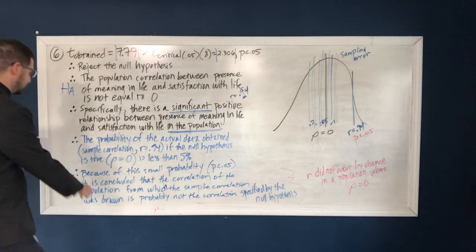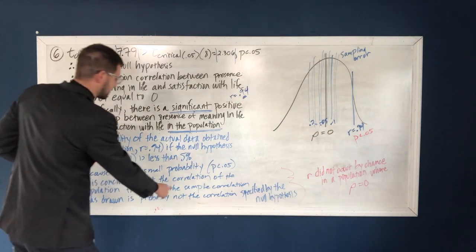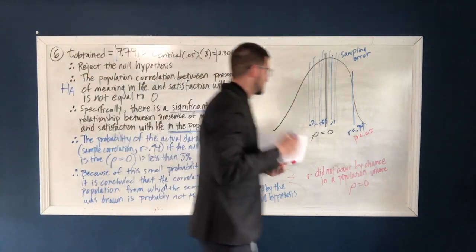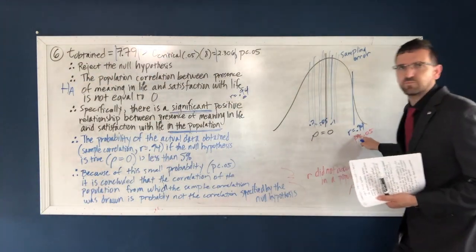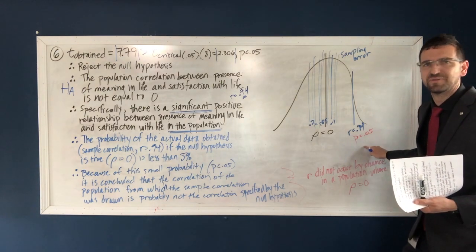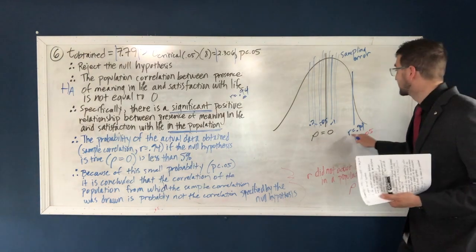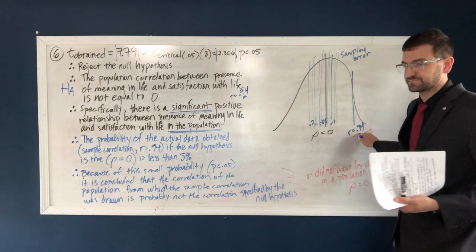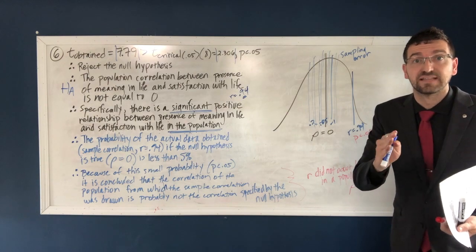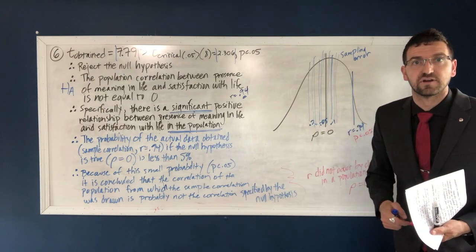Okay. Because of the small probability, it is concluded that the correlation of the population from which the sample correlation was drawn is probably not the correlation specified by the null hypothesis. We're saying here, because we got a sample correlation of 0.94, and the probability of getting that if the population correlation is 0 is less than 5%, we conclude that the sample was drawn from a population where rho is not equal to 0.